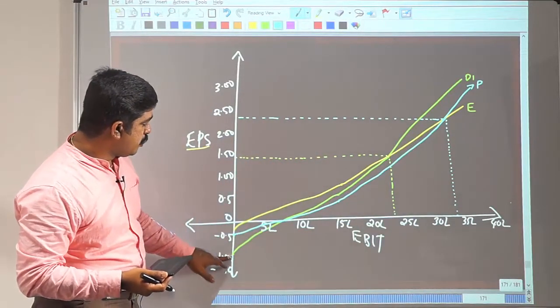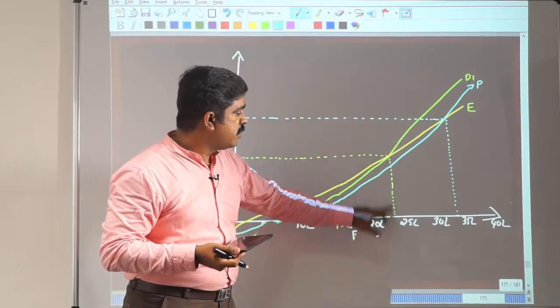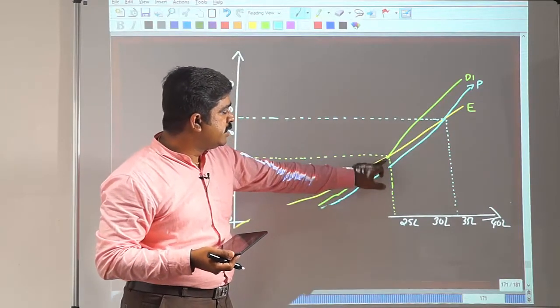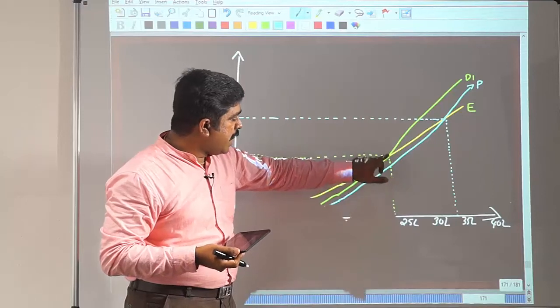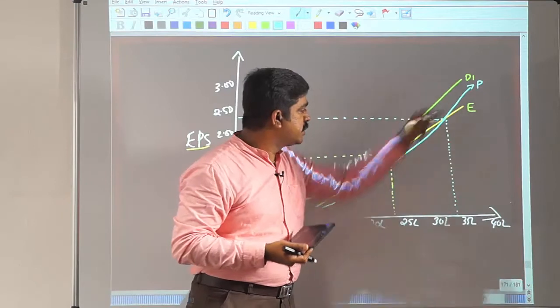when the debt option, the green line, came into picture at 23,76,000, the debt option had an indifference point with the equity option, and beyond this the debt option started taking the lead.